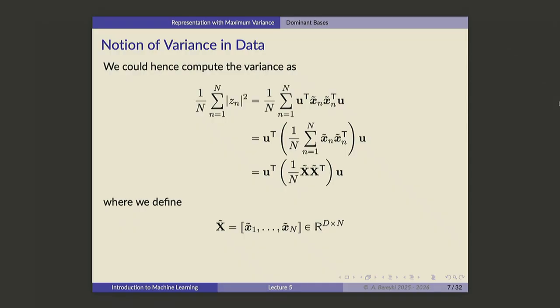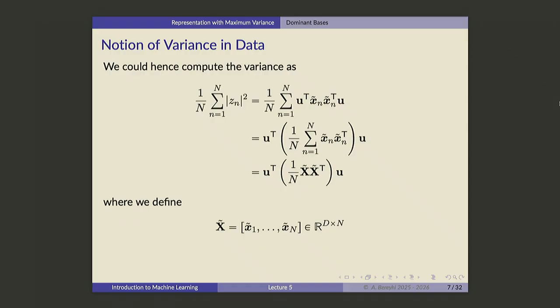Everybody sees that if I multiply this x tilde by its own transpose, I end up with this expression? Yes or no? Everybody agrees? Okay, seems good.